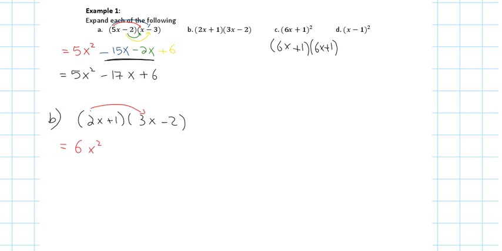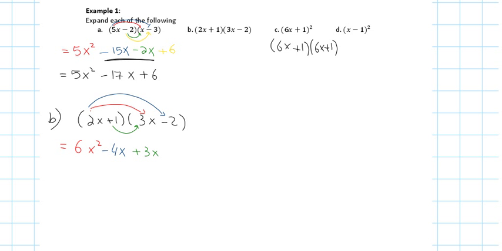Then 2x times negative 2. That gives me negative 4x. 1 times 3x. That gives me 3x. You see, guys, it's important that you write the right letter and the right exponent and the right number all together, right sign.